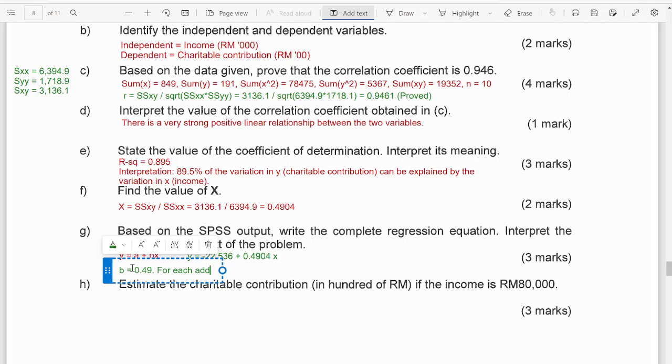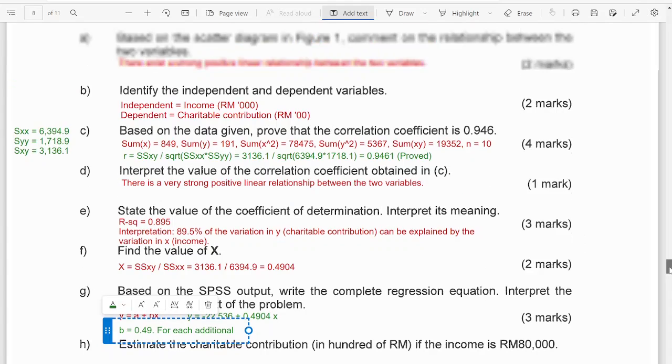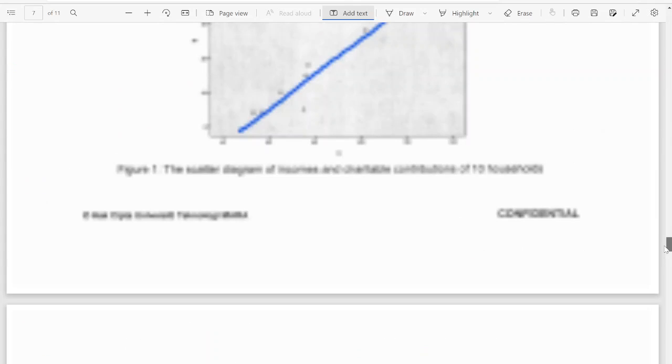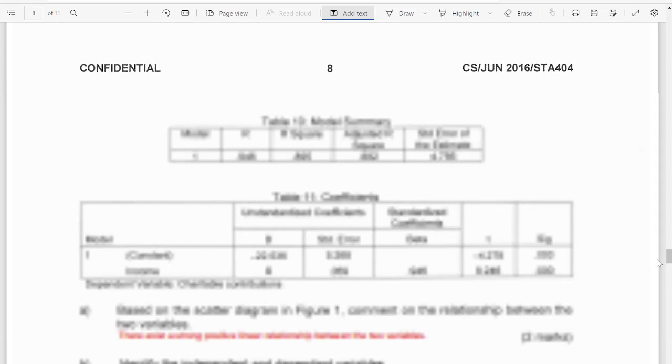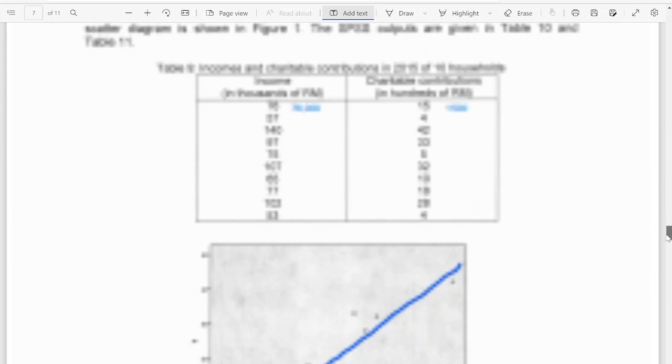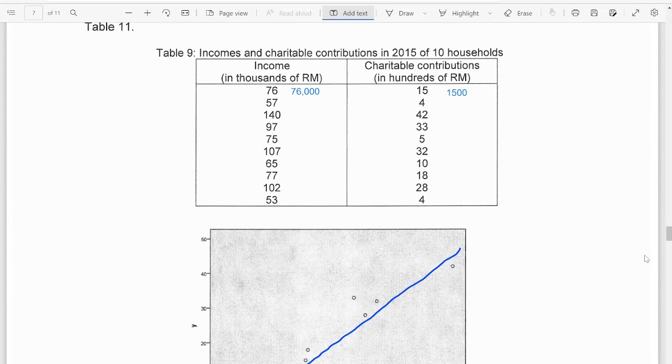each additional unit increase. So unit kat sini apa? This one x is in Rm, right? So x is in Rm. Okay.